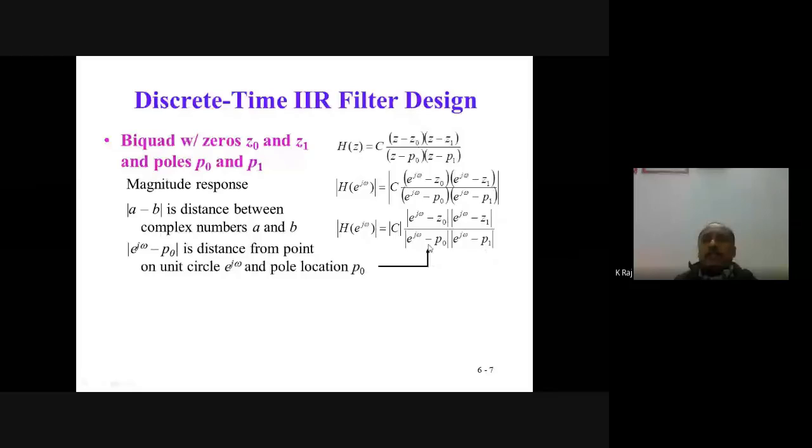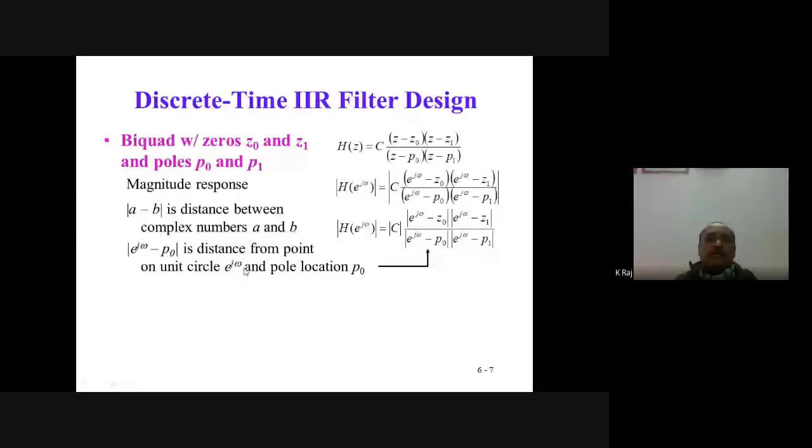Similarly, in the numerator are the two zeros z naught and z1. And if we consider e to power j omega minus p naught, then what is the meaning of this? It is nothing but the distance from the point on the unit circle to the location of the pole, that is p naught.